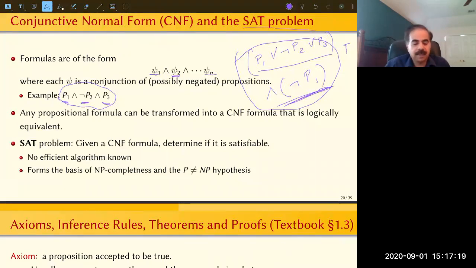The satisfiability problem is one of the hardest problems known in computer science, and a lot of theory about efficient algorithms has been built on the basis of this satisfiability problem, right?